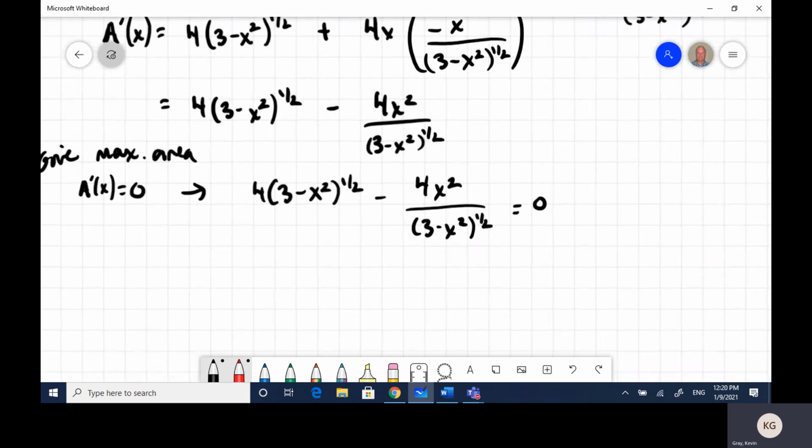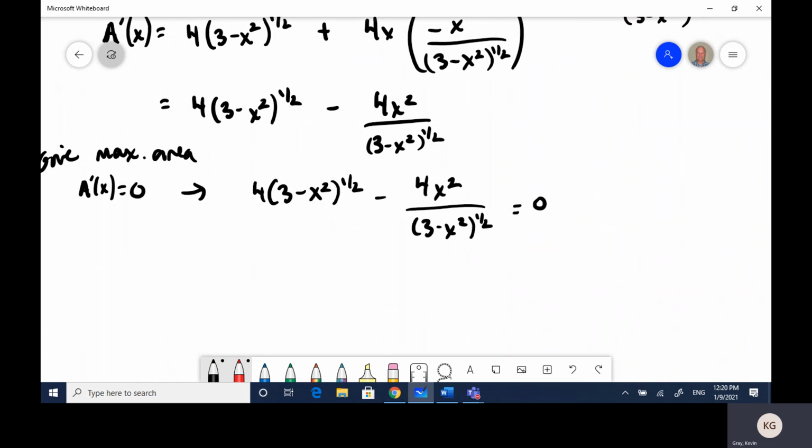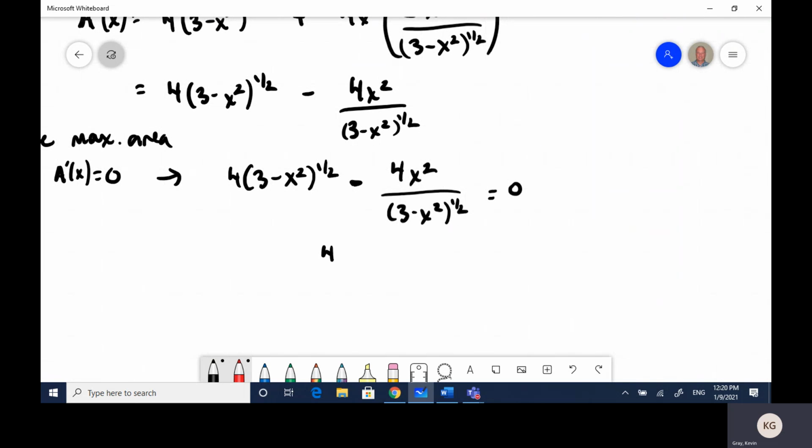I could also realize that I've got two big terms, if you like, and one of them is a negative right here. So if I simply move this term with the negative sign over to the right-hand side of my expression, okay, it's going to equal 4x squared over 3 minus x squared to the 1/2.